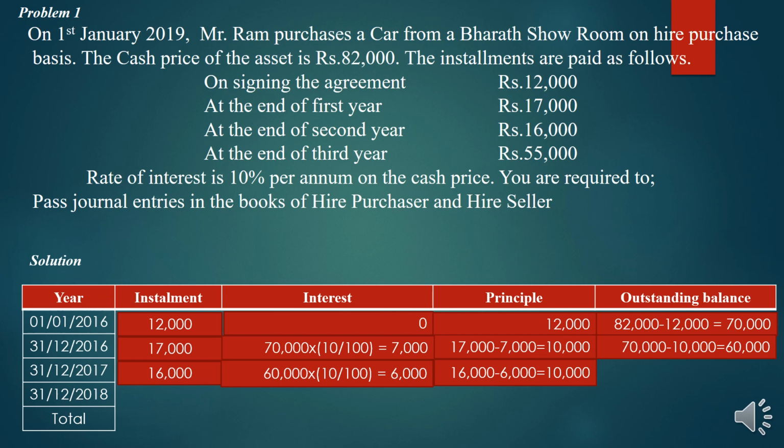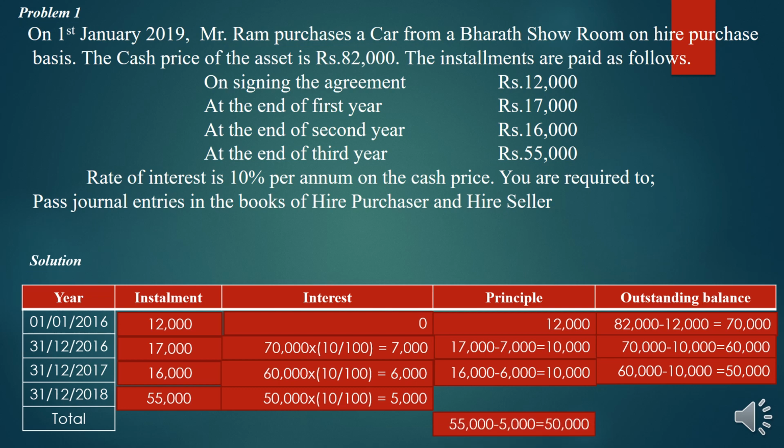This 10,000 is deducted from the previous outstanding balance of 60,000, so you get the outstanding balance of 50,000. Then we move on to the last installment, which is 55,000. Interest is 50,000, the outstanding balance on that day, into 10%, which is 5,000. So the principal amount included in this installment is 55,000 minus 5,000, which is 50,000. Therefore the outstanding balance remaining is 0.